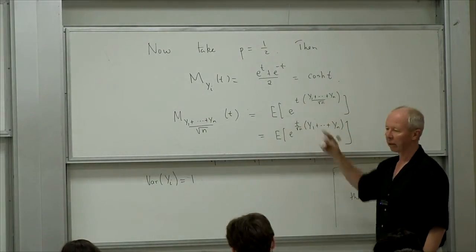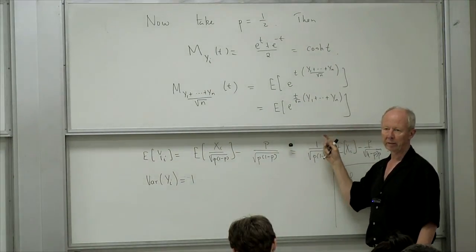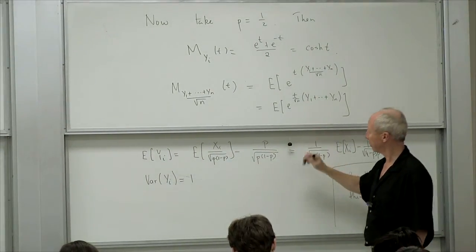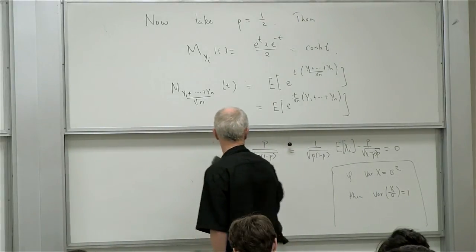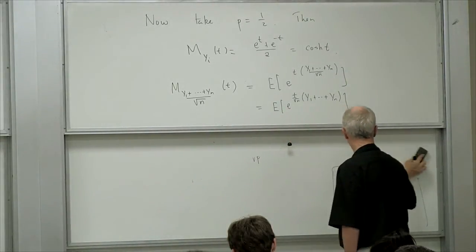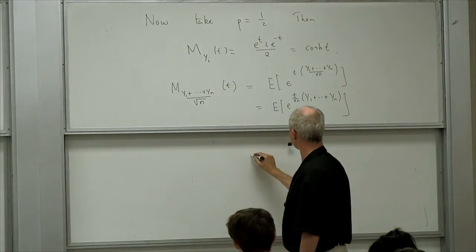I just put the root n under the t. Now let's use the fact that these are independent. So the expected value you see there would be the product of the expected values as follows.